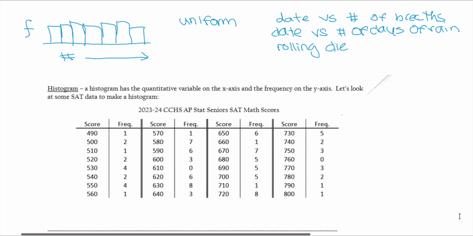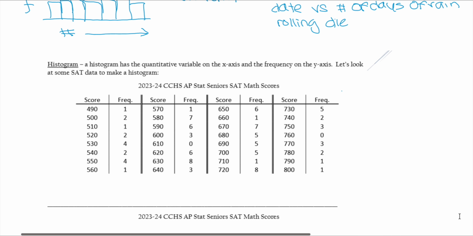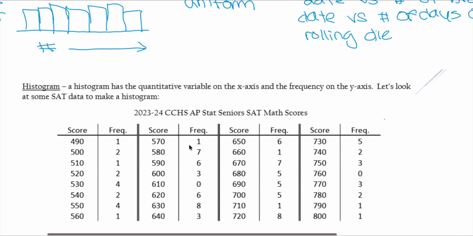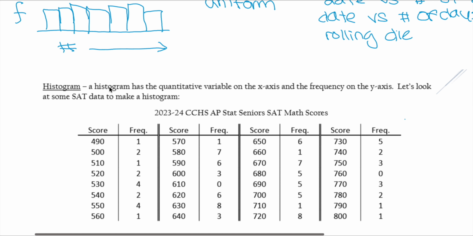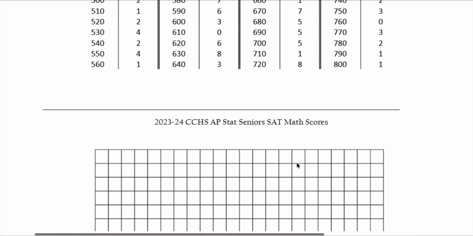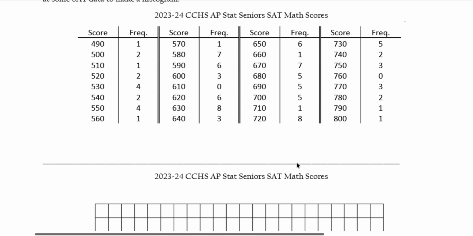Okay, let's move on. So this is a histogram, which I will talk about more in future videos, but I can do a brief introduction here. A histogram has the quantitative variable on the x-axis and the frequency on the y-axis. Some examples are SAT data, and here we are also given a frequency table, but I will talk about it more in future videos.